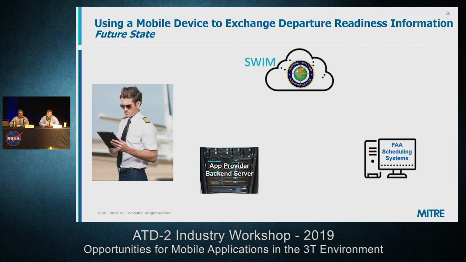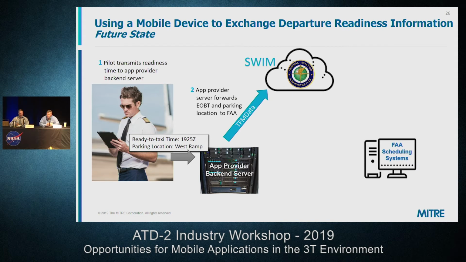So just to, again, highlight a notional use case of the future state, where an application provider is providing a service to a pilot, where a pilot is using an app to submit their departure readiness time, in this case 1925, as well as their parking location, West Ramp.